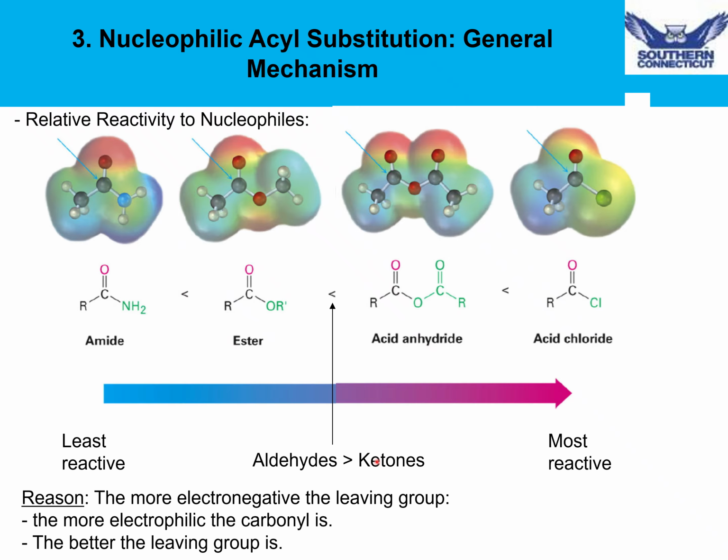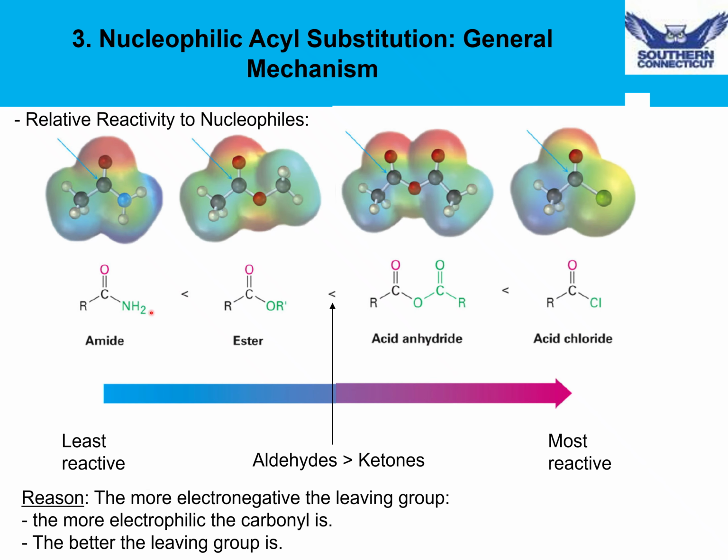With nucleophiles, they do an addition reaction instead. But as far as reactivity towards nucleophiles, aldehydes and ketones are somewhere in here. They're not as reactive as an acid anhydride, but they're more reactive than esters. And between aldehydes and ketones, aldehydes are generally more reactive than ketones.